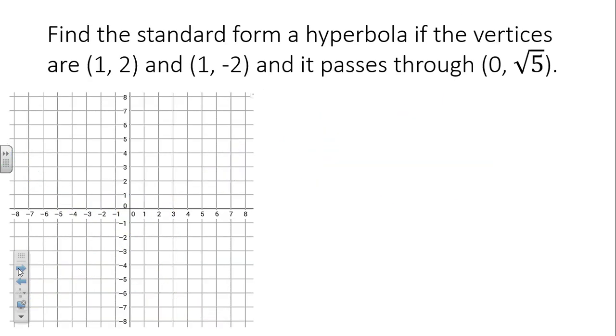All right. Last example. Now we have a hyperbola that has vertices at 1, 2, and one at 1, negative 2. And it passes through the point 0, square root of 5. So what do we know first of all?